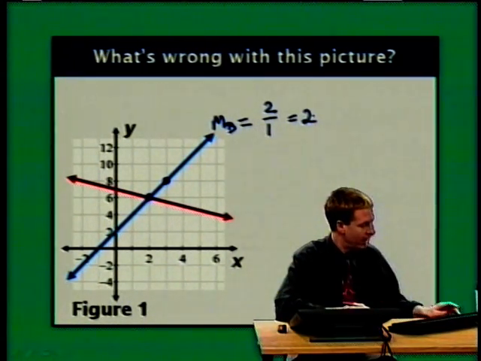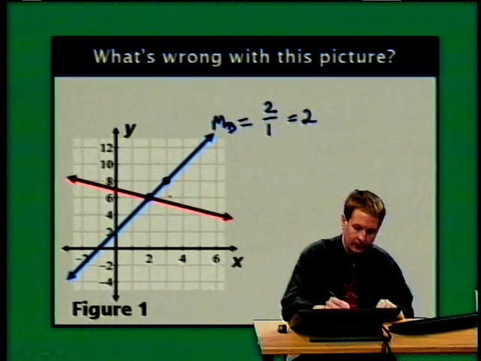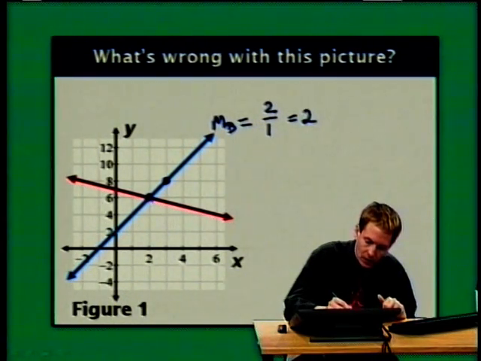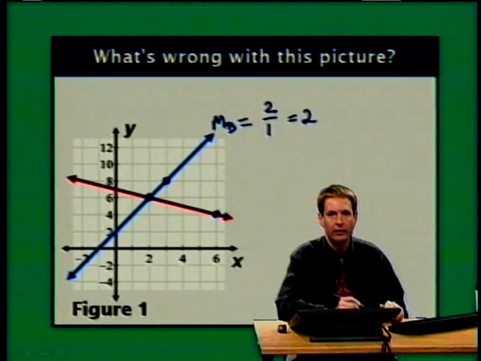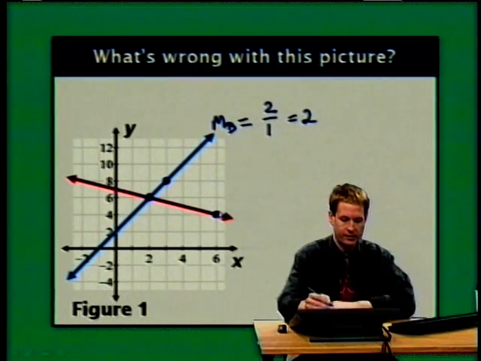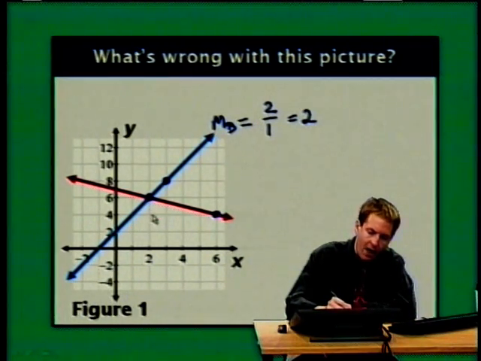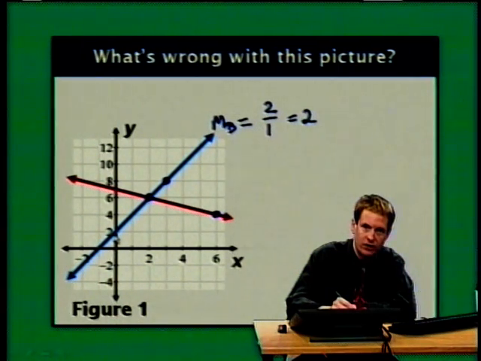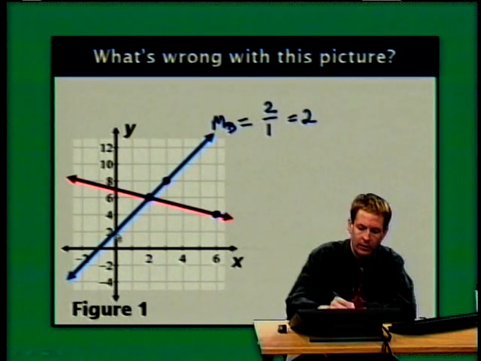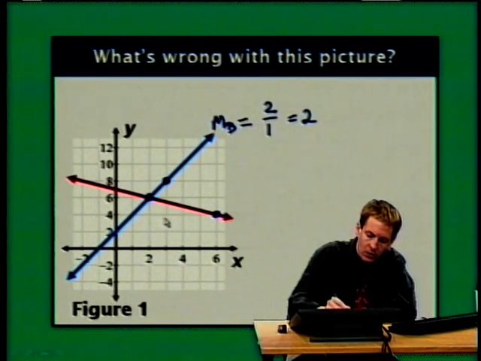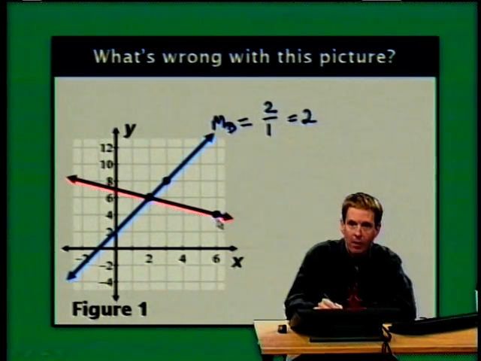How about the red line? Well, here's 1 point on the red line. Here's a second point on the red line. What's the rise over run to get between those 2 points? Well, I need to go down 1 box. Down 1 box with a scale of 2 on the vertical axis is a rise of -2. Then I need to go right 1, 2, 3, 4 boxes.